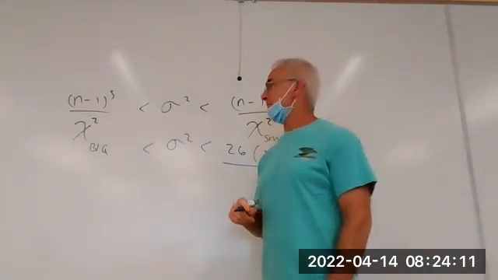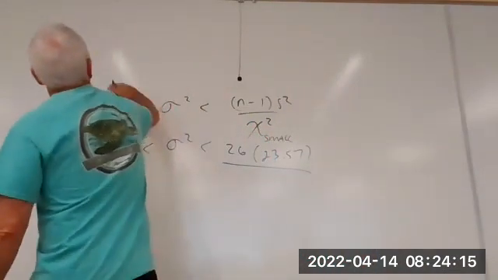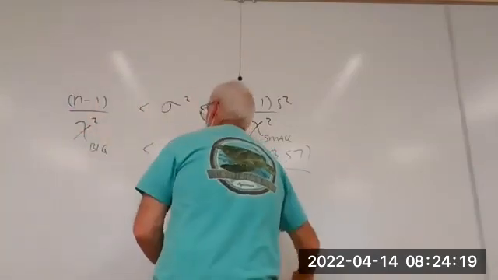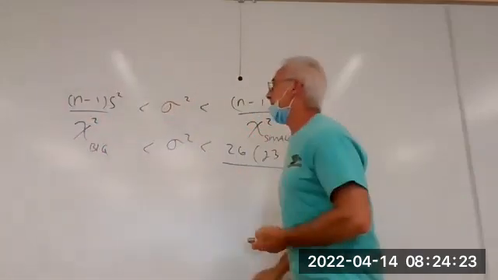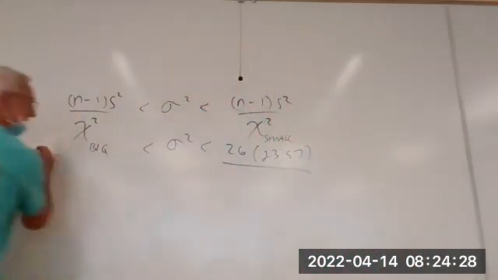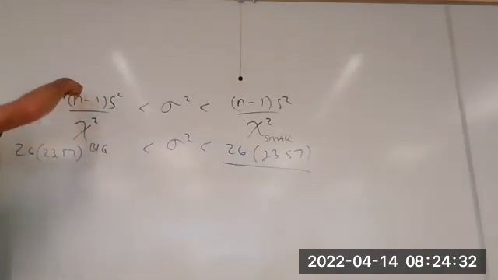What is that next to the n minus one on the first one? Oh, I just erased it. Sorry, it's S squared. The numerators are the same on these two. Same numerator, different denominator. So on the left side, I'm going to have 26 times 23.57. What are those? Degrees of freedom times the sample standard deviation.